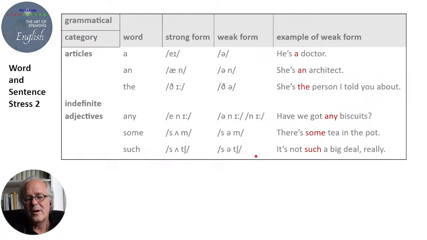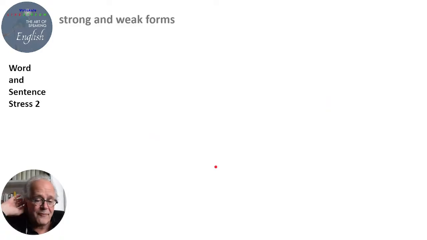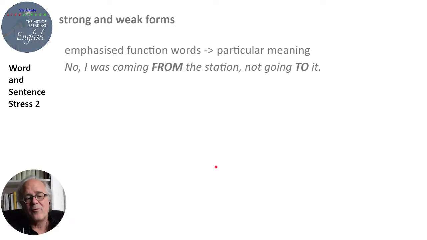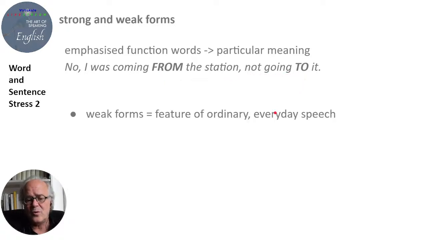Okay, so those are strong forms, weak forms in what we call the functional group of words. They're emphasized. They have a particular meaning usually if they are emphasized. No, I was coming from the station, not going to it. So these are emphasized to make you understand I was coming from the station because you understood 'to'.